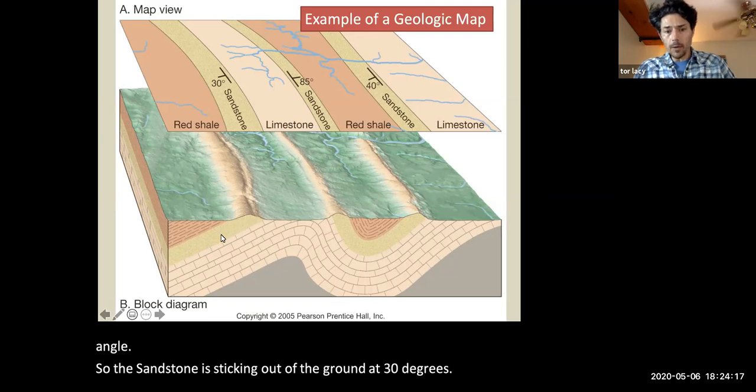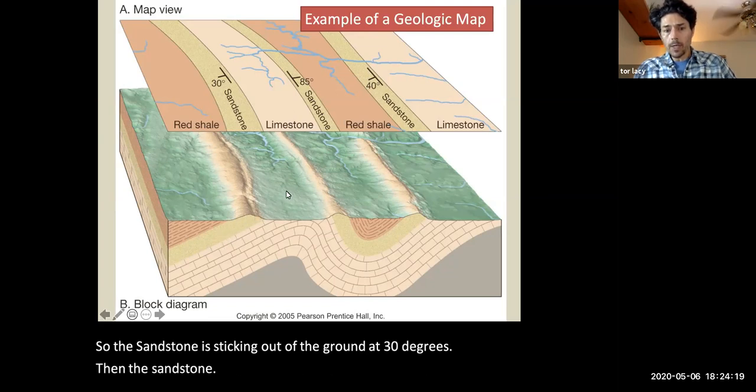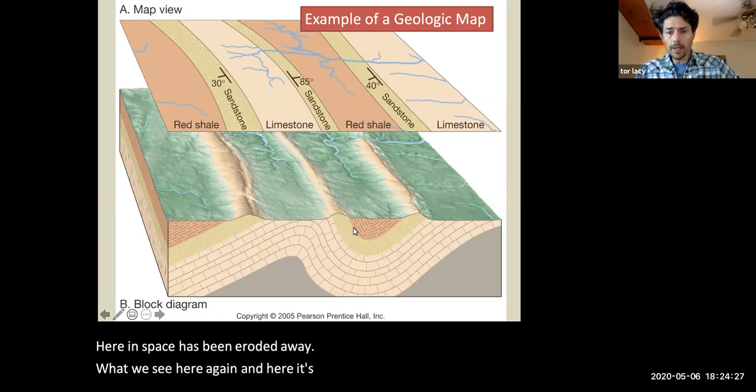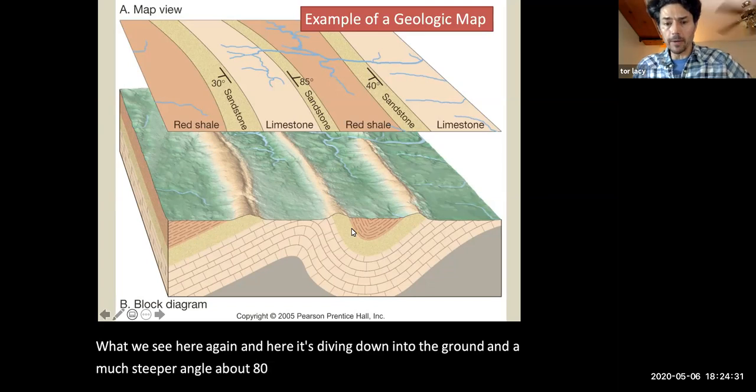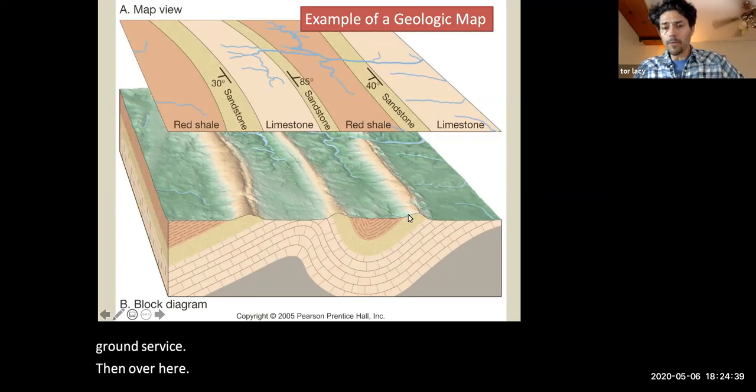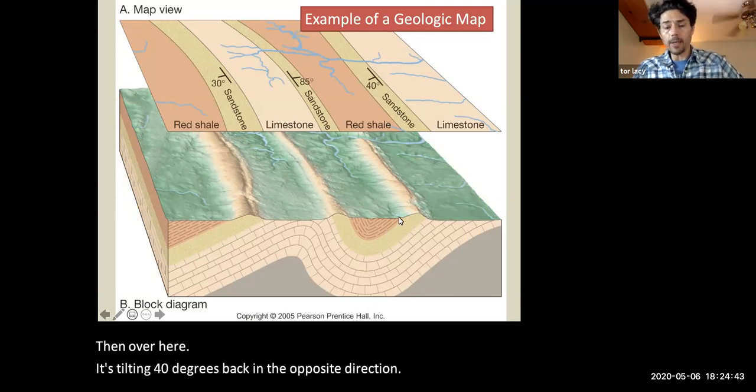Then the sandstone here in space has been eroded away. What we see here again, and here it's diving down into the ground at a much steeper angle, about 85 degrees, if we consider that relative to the ground surface. Then over here, it's tilting 40 degrees back in the opposite direction. Again, how could that be?